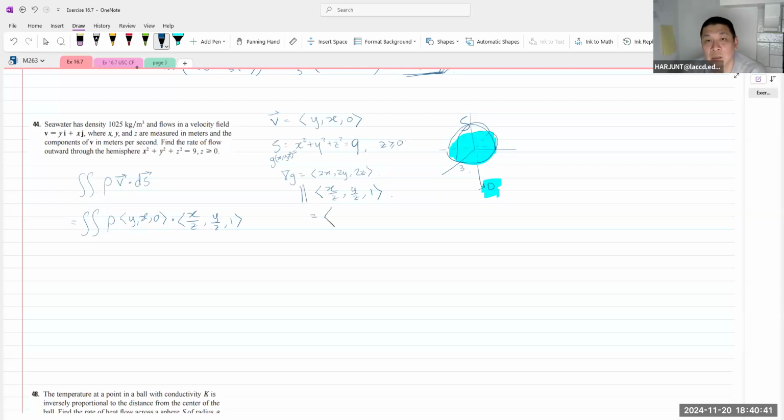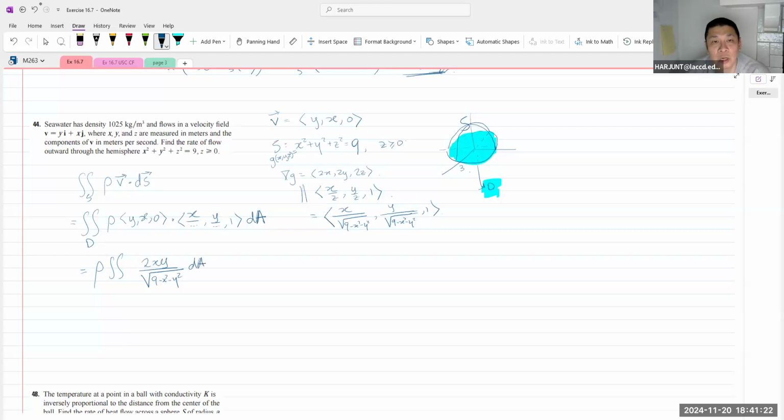This is x over the square root of 9 minus x squared minus y squared, y over the square root of 9 minus x squared minus y squared, comma 1, dA, and this is now over D. That's the integral, not rho anymore. That will be 2xy over the square root of 9 minus x squared minus y squared dA.